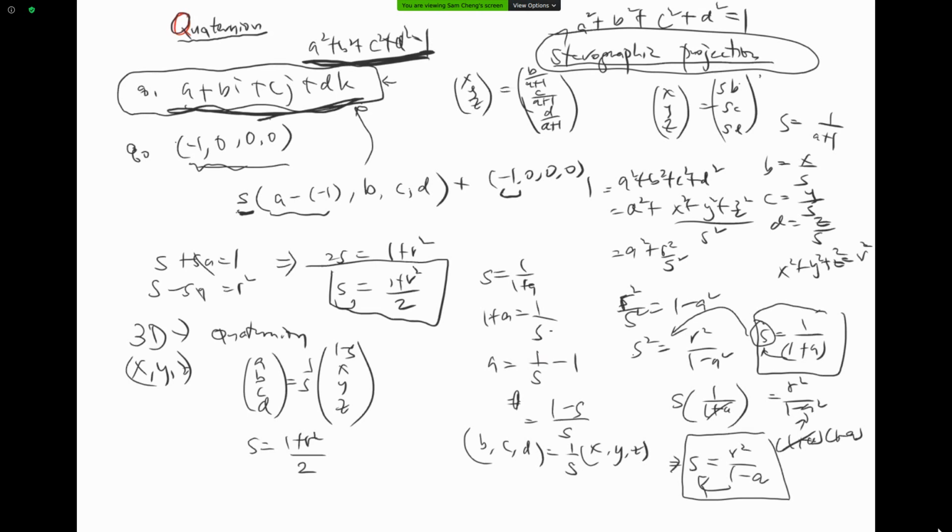For that to map to a point in the 3D space, x, y, z is just equal to b over a plus 1, c over a plus 1, and d over a plus 1. Or we can have the point in 3D space, x, y, z, map it back to a Quaternion as a, b, c, d. Each coefficient will be just equal to 1 over s times 1 minus s, x, y, and z, where s is just 1 plus r squared over 2.